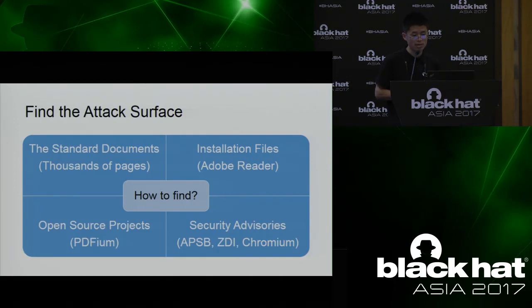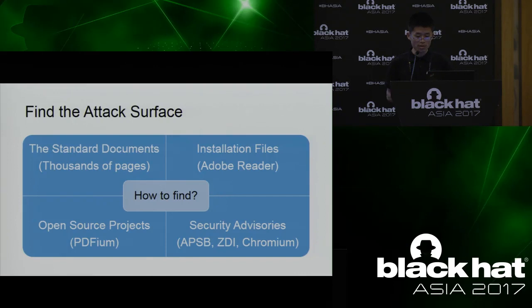The second one is to investigate the installation files. I'll talk about it later and use Adobe Reader as an example. The third one is to investigate open source projects. I'll also talk about it and use PDFium as an example.